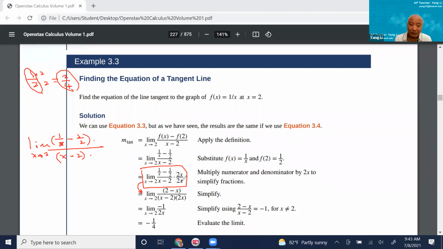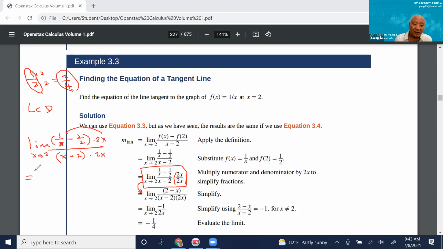That's why they can do this here. They multiply both numerator and denominator by 2x, like this. Why did they pick 2x? Because that's the least common denominator of the fractions on the top there. So if you multiply this one to here, x and x cancel.